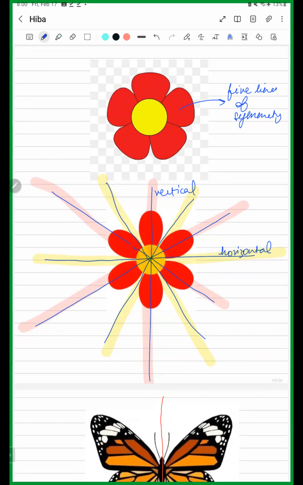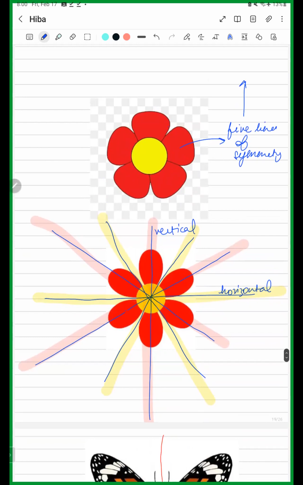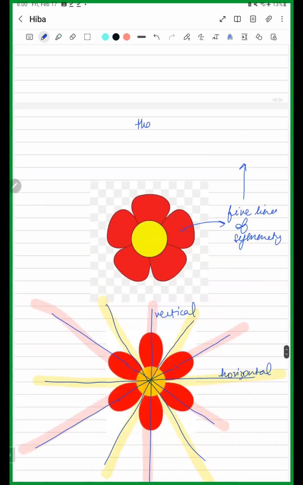It is that line, or it can be many actually, not just one, that line which divides the figure into two identical parts.